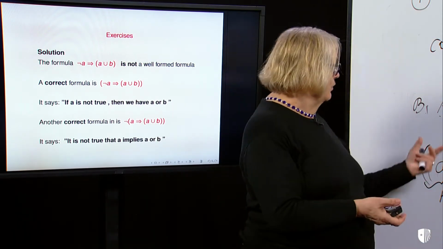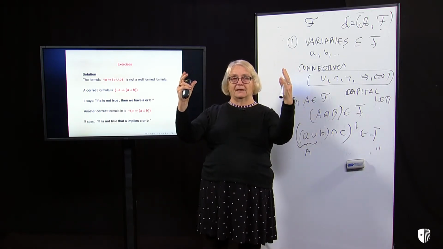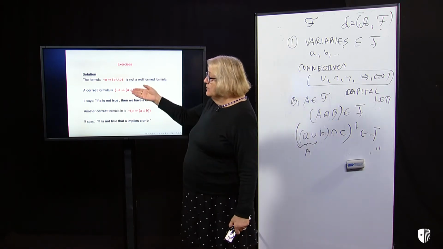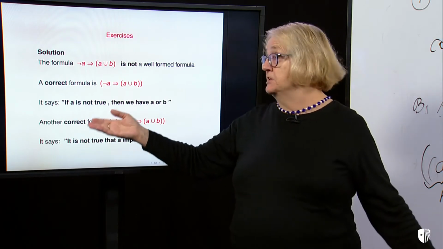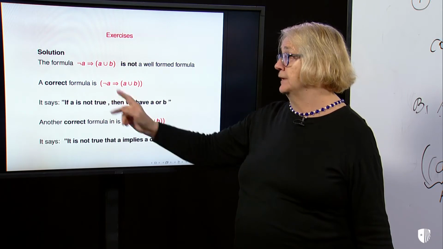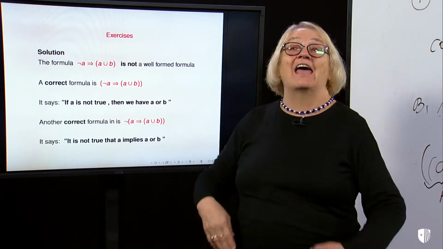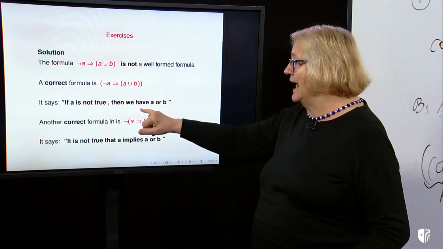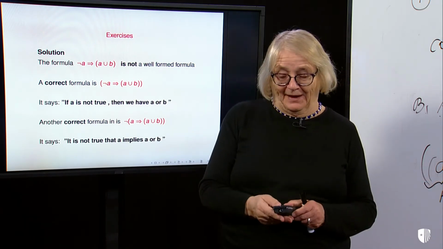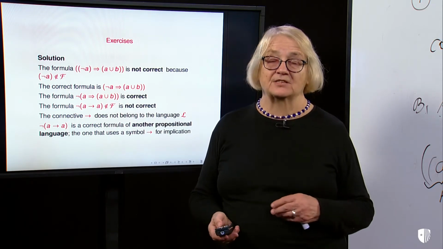By formula, you always close it with parentheses, so you know exactly where it starts and where it finishes. Then you can say what it says: if it is not true that A, then we have A or B. I put 'we have' just to put those parentheses in my natural language. So the structure is very precise.